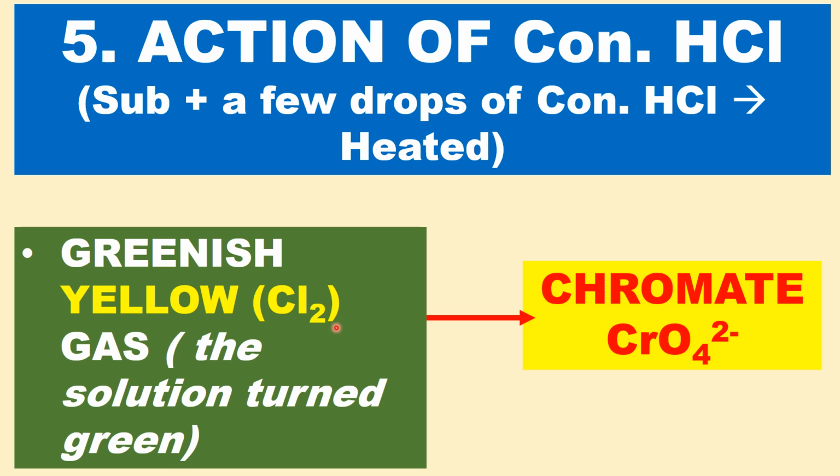What is the color of chlorine gas? It is a greenish yellow gas. The solution turns green. Why? Chromate is yellow in color and is an oxidizing agent, and the oxidizing agents are themselves reduced to chromium 3 plus. Chromium 3 plus is green in color, so the solution turns green.